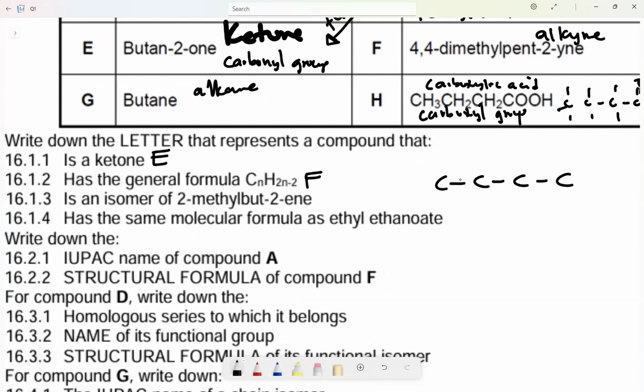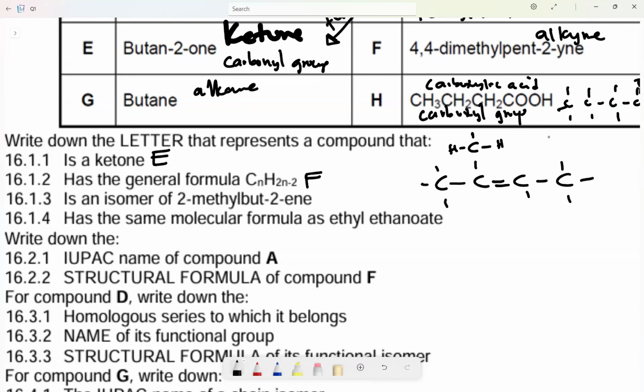Then on number 2, I have a methyl like that. So which one is an isomer of this one?